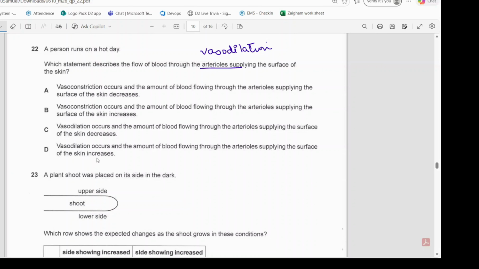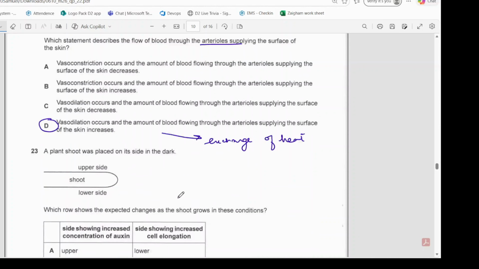The amount of blood flowing through the arterioles supplying the surface of the skin increases. And what would happen as a result? There would be more exchange of heat.